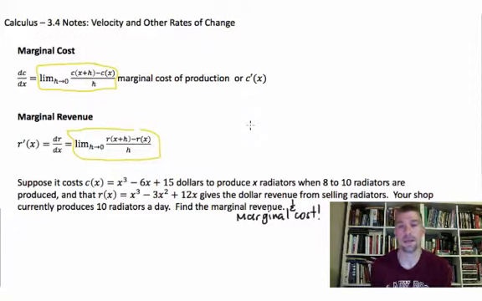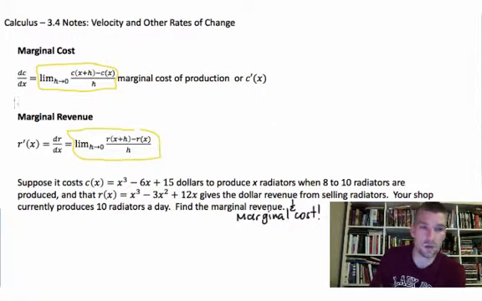Okay, and the revenue from that is going to be x cubed minus 3x squared plus 12x. And so once we sell the radiators, that's how we know that we've made some money. So we are currently producing 10 radiators a day. Find the marginal revenue and find the marginal cost. We'll do marginal cost first.